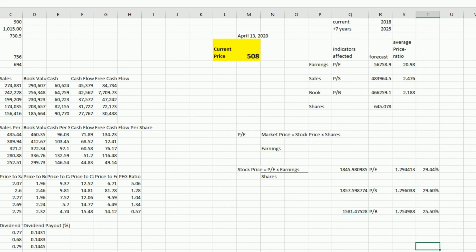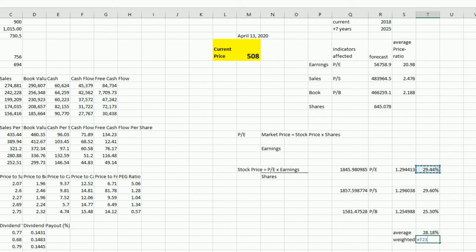When you make an analysis of this, you can also take an average of the three, so that you'll only have one number. Or if you favor, for example, price earnings and price sales over price to book, then you can do a weighted average wherein the price earnings has more weight.